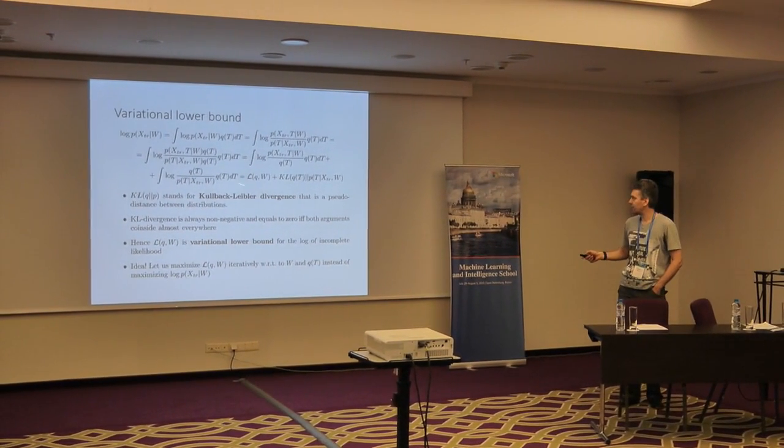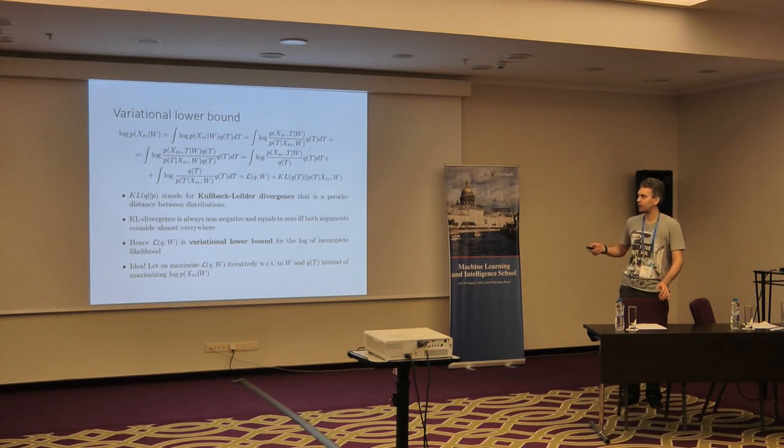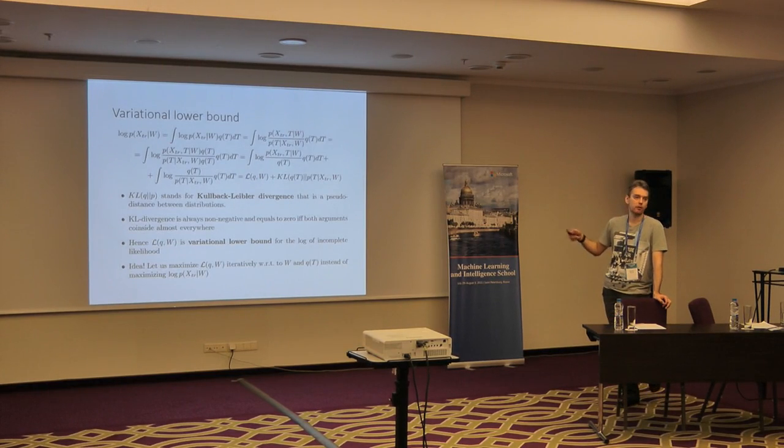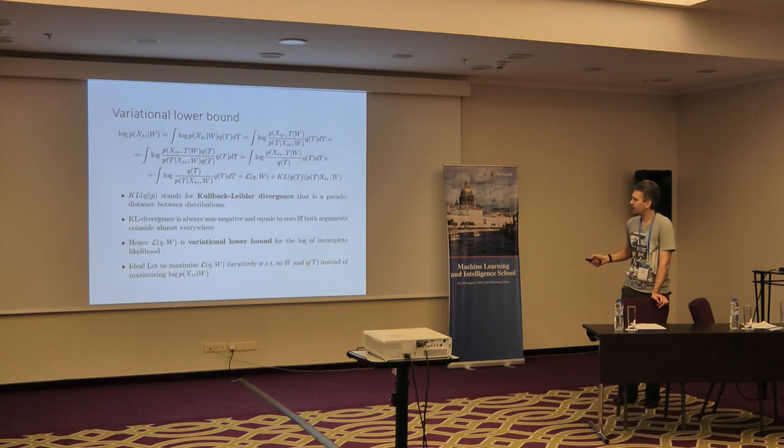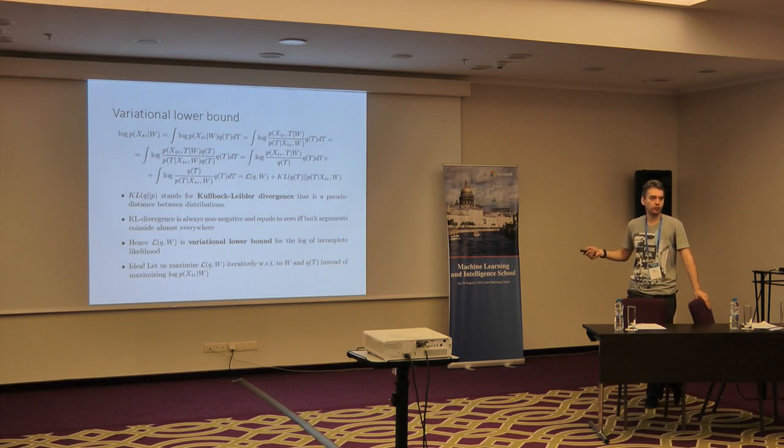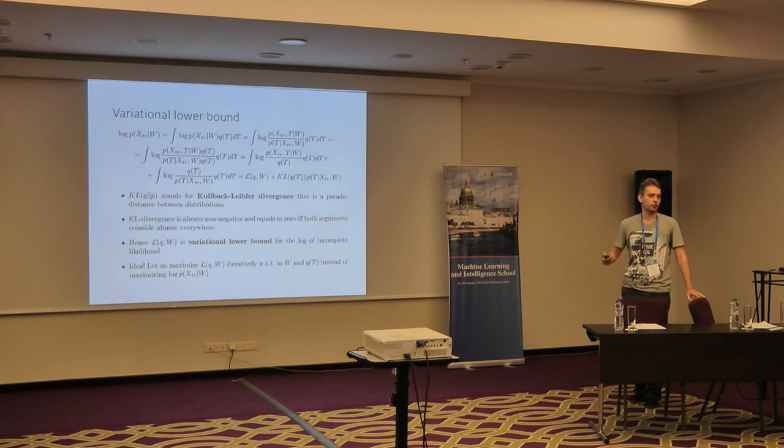Pay attention that Q of t is a variational parameter. So actually our initial function doesn't depend on Q of t at all. When we start maximizing this lower bound with respect to Q of t, we may realize that this sum doesn't depend on Q of t. This means that maximization of the first term with respect to Q of t is equivalent to minimization of the second term by Q of t. And this is good news because Q of t is a distribution, a function.